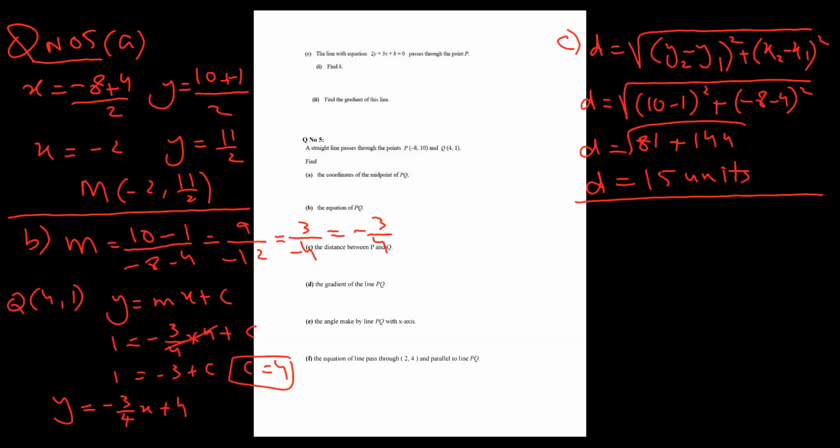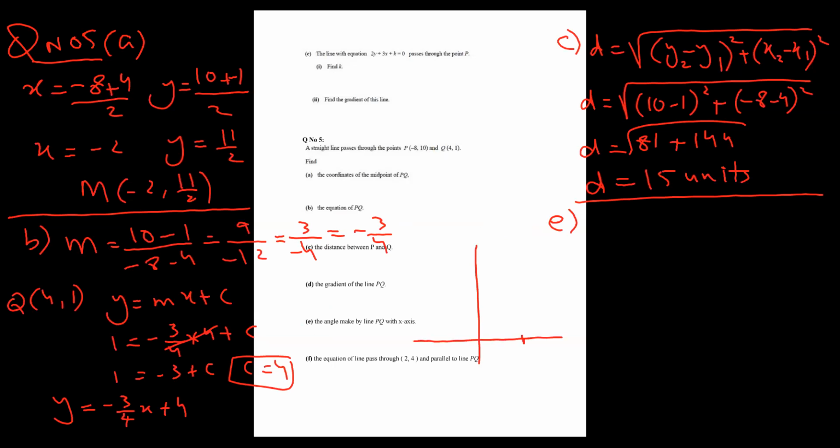So we have done part C. For part D, the gradient we have already found, so I'm skipping it. The angle with the x-axis. This is an interesting part. How to find the angle? Okay, before I find the angle, I suggest you sketch. How to sketch? I'm going to sketch now. X is 4, y is 1.